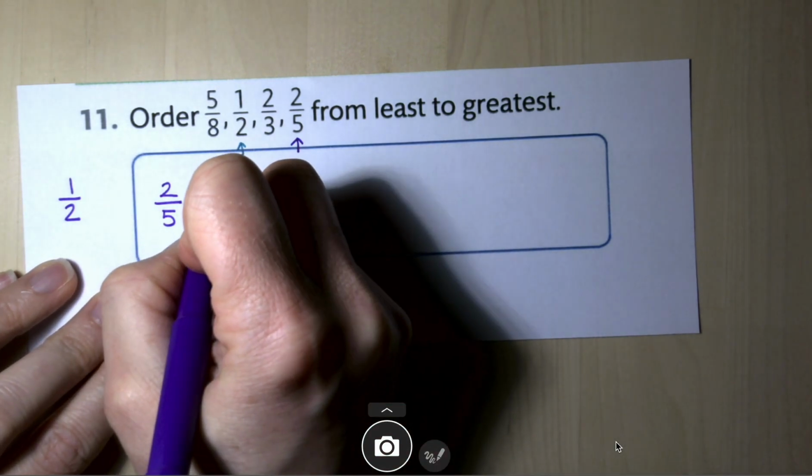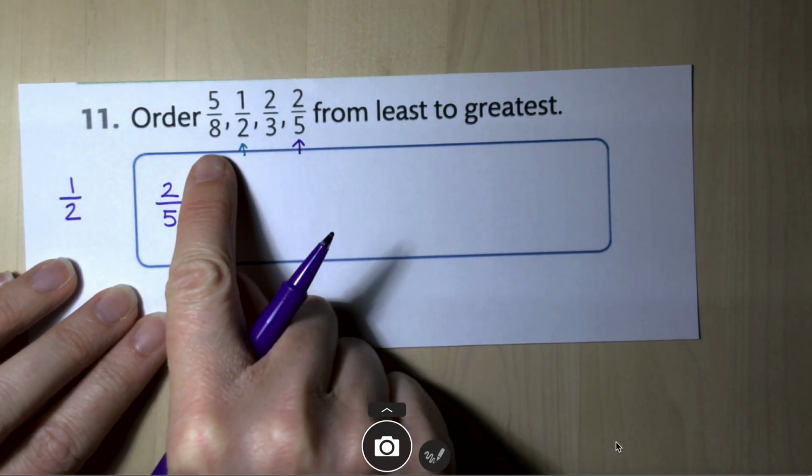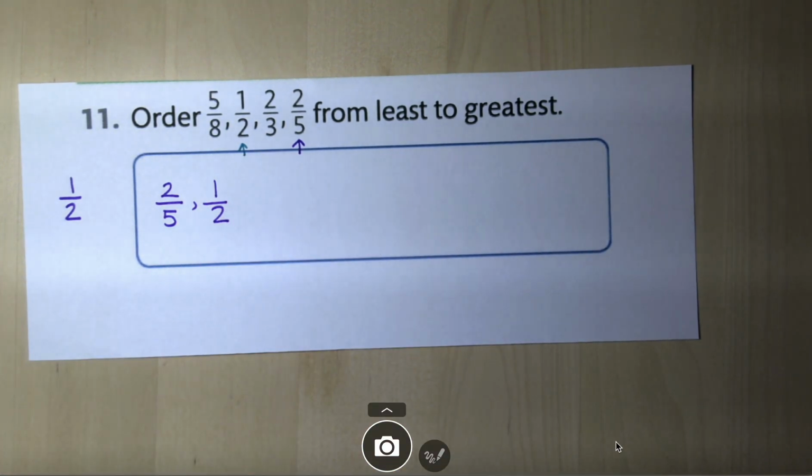I know my next greatest is 1/2. And then I've got 5/8 and 2/3. Those two fractions I can't visualize in my head. I'm not sure exactly which one is greater than the other. So I'm going to make some equivalent fractions in order to check it out.